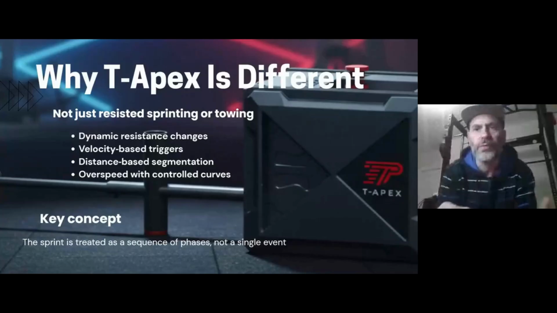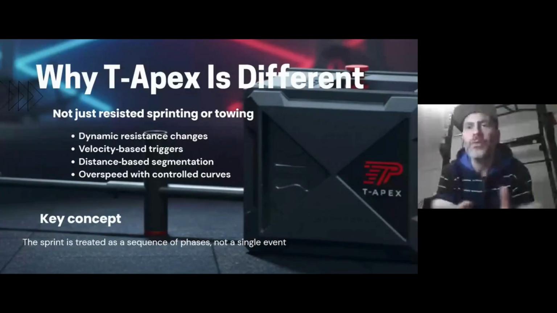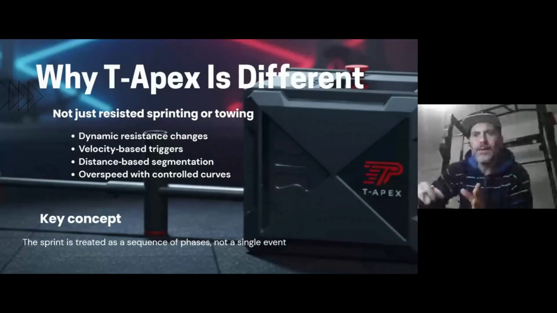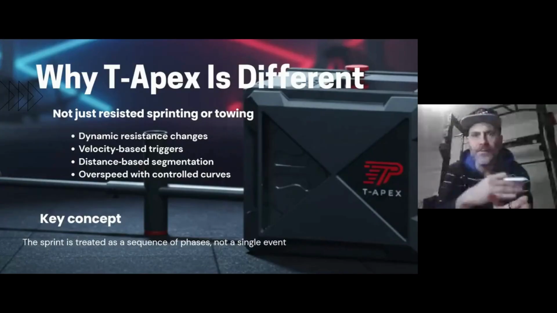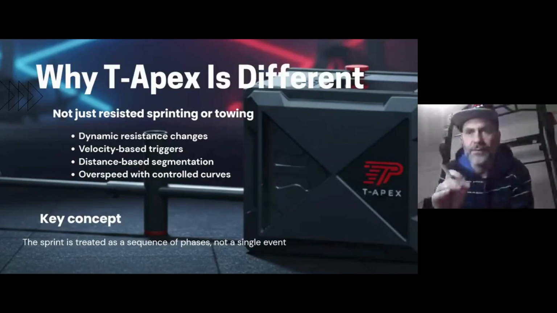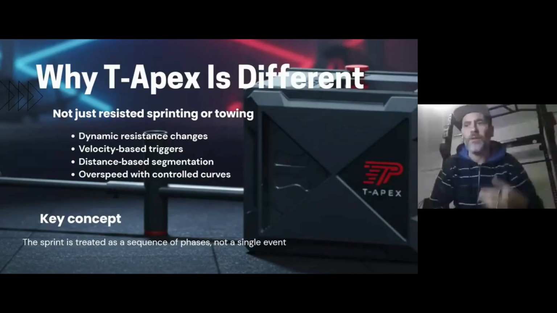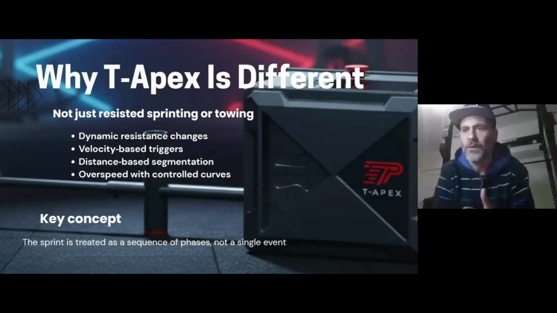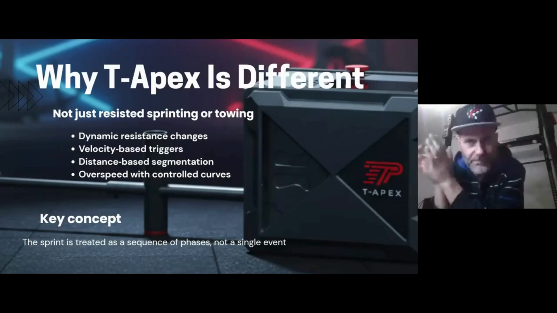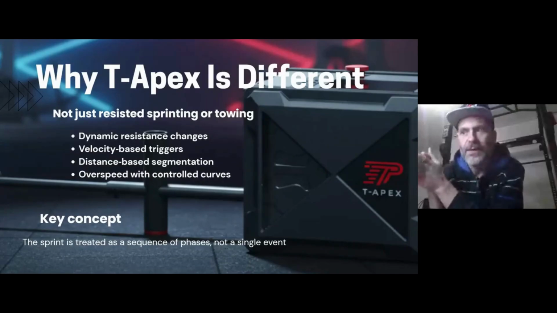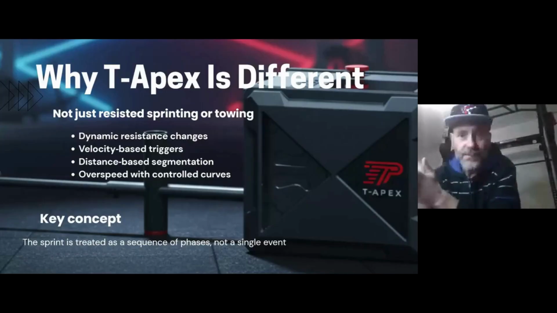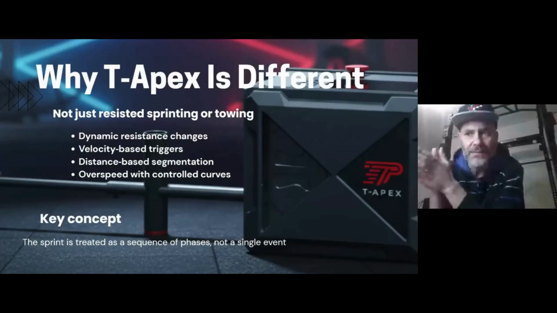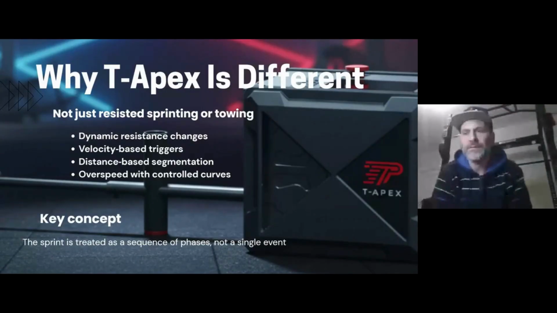So instead of applying one uniform load or one uniform towing speed, it allows us to change resistance or velocity mid-sprint. This means we can overload acceleration without compromising the upright mechanics of the maximum velocity phase, or we can expose athletes to overspeed only when they are mechanically ready. That's the first system that truly respects the biomechanics of sprinting.